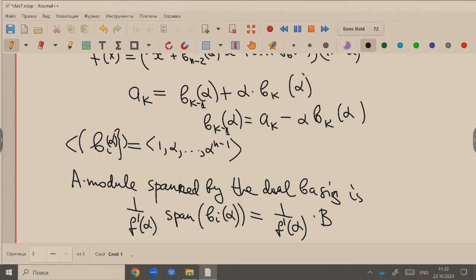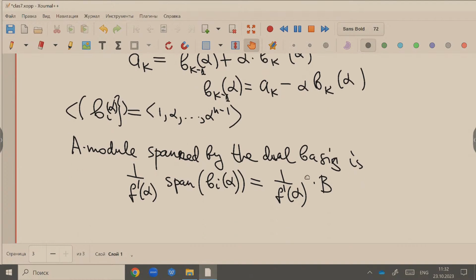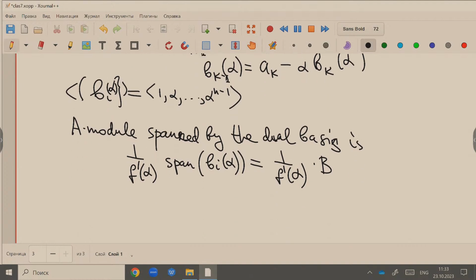When you invert it, you get the principal ideal generated by f prime of alpha. So B dual inverse is just a principal ideal generated by f prime of alpha. Understood?